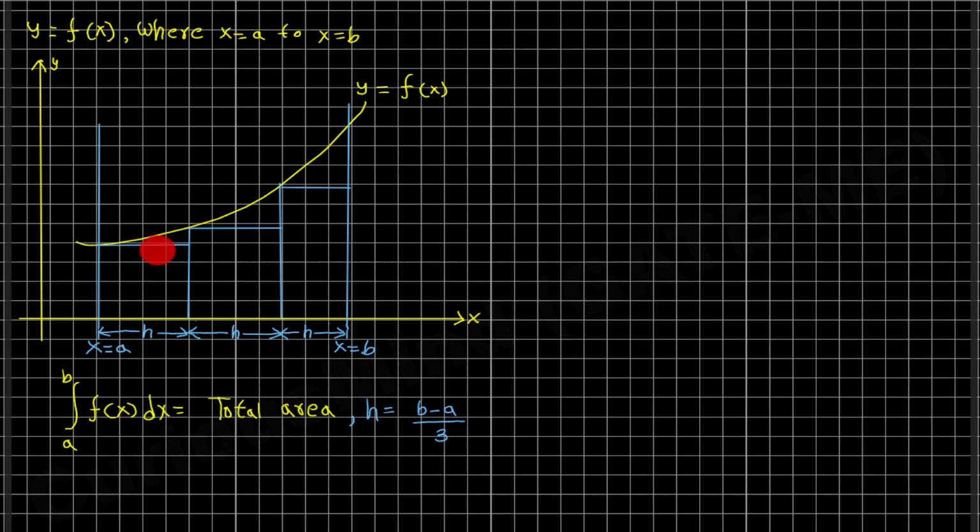This can be equivalent to a polynomial of order 0, right? Because the equation of this horizontal line, or these horizontal lines, is always y equal to constant. So y equal to constant means the order of the polynomial would be 0, all right?